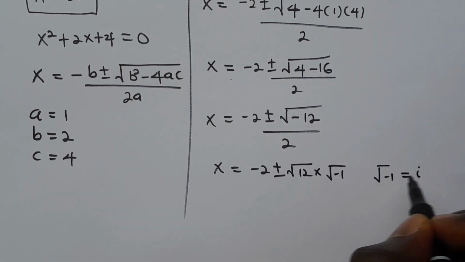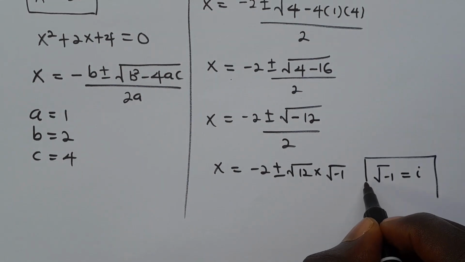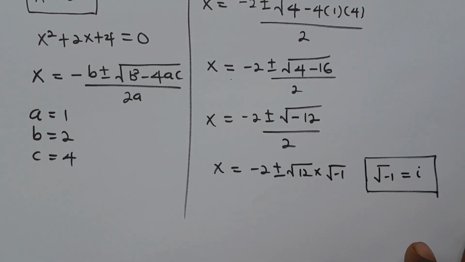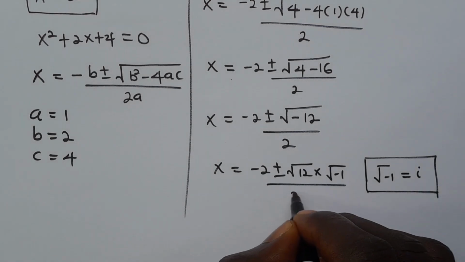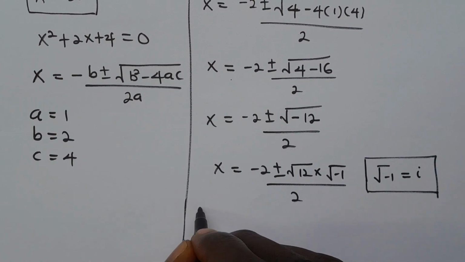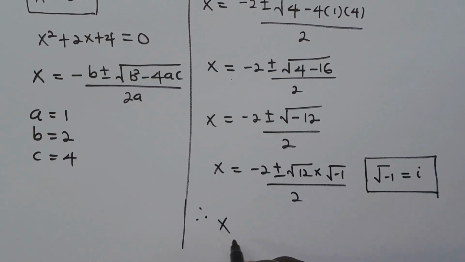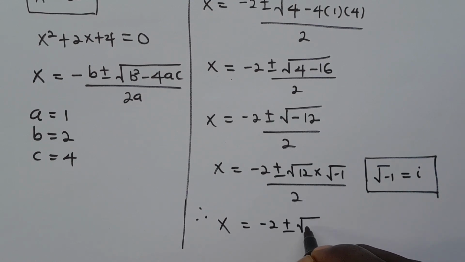And square root of minus 1 equals i in complex number. So therefore, our x will be equals positive or negative square root of 12i divided by 2.